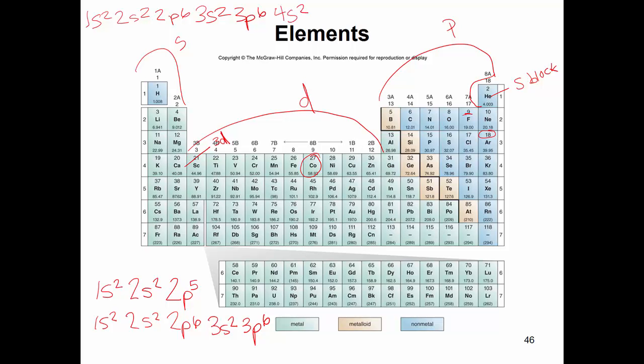Okay, and then I have to remember when I start right here at these D's, they start with 3D, and then I count over 1, 2, 3, 4, 5, 6, 7. 3d7. Okay, and that would be my electron configuration. So if I add all those up, all my electrons, the superscripts, I should get 27.